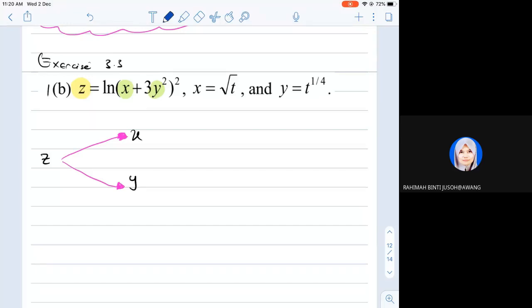So partial dia akan jadi del Z over del X. This is the operator for the first branch. For the second branch, we will have del Z over del Y. Okay, so that's the first chain.